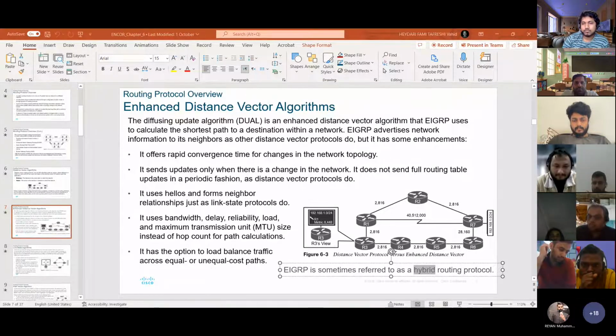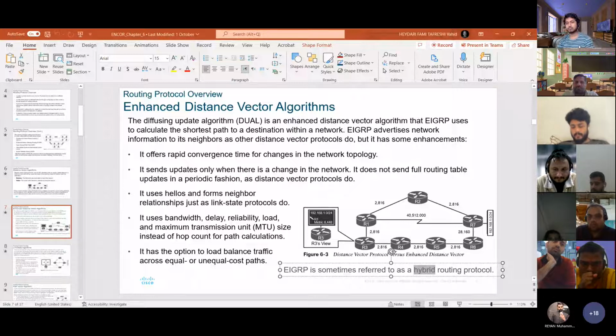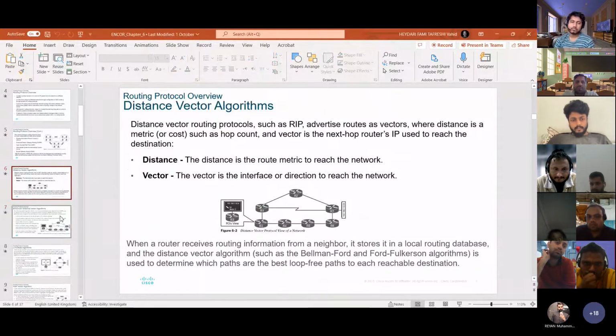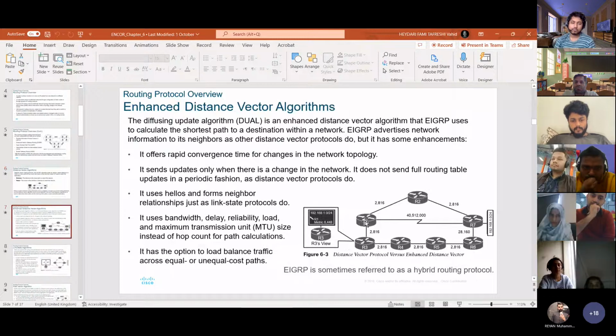Sir, can you again tell me about the equal cost path? Yes, imagine that this router wants to send some traffic with EIGRP equal cost path. As the name suggests, it's going to be equal cost. So if, let's say, we have only 2 links, we don't have this link. So we have only these 2 links.